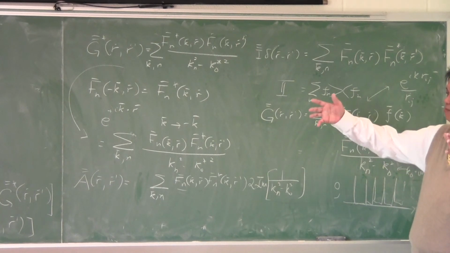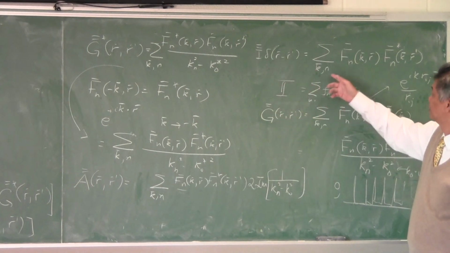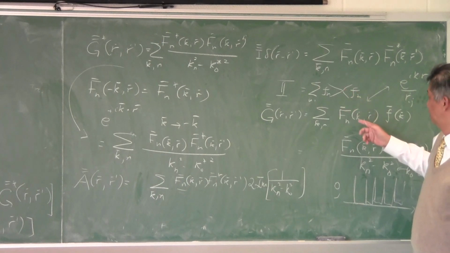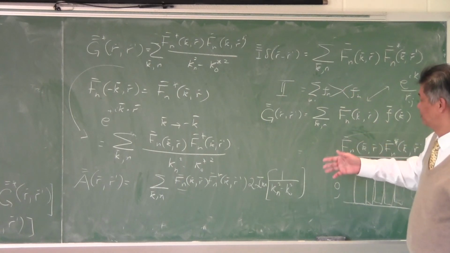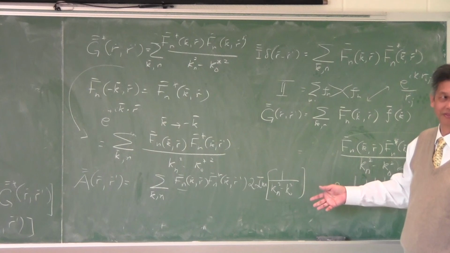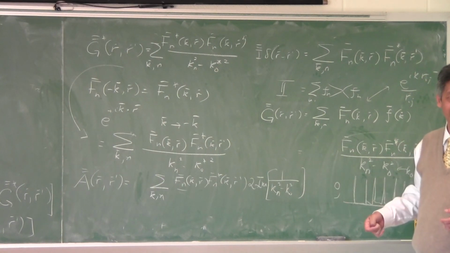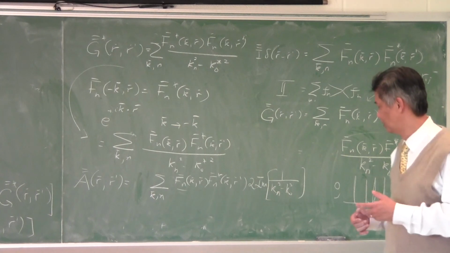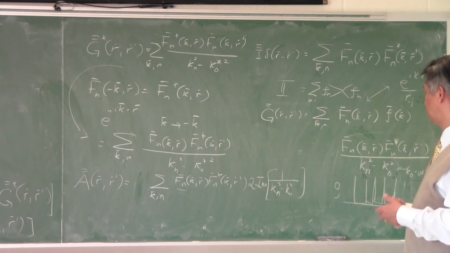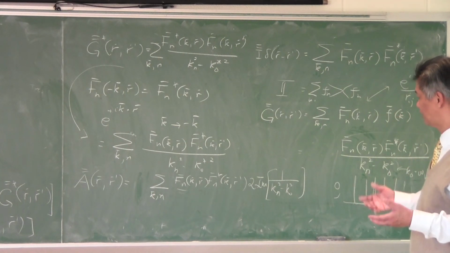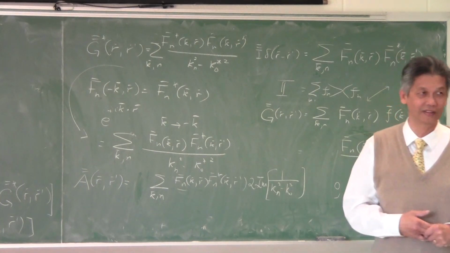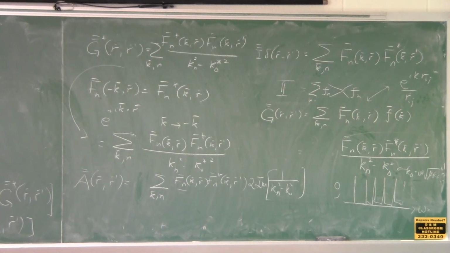You can let a, b, and d become infinitely large, and this will become an integral. But I think at this point it's a lot easier to think of it as a summation. You don't have to think about Jacobians and that kind of thing. When you do integrals, then you have to think about what the Jacobian is and so on. But right now we don't have to. Everything is discrete. Okay? I'll come back.